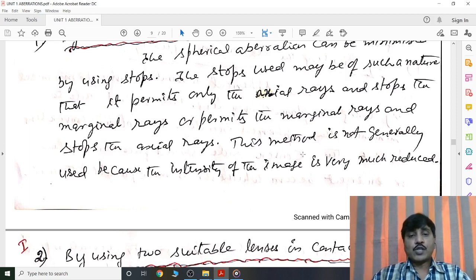That means a stop is placed before the convex lens in such a way that either marginal rays or paraxial rays are cut off. This method is not generally used because the intensity of the image is very much reduced.